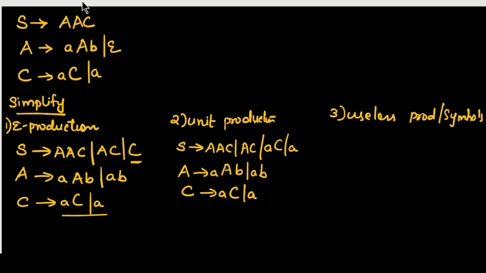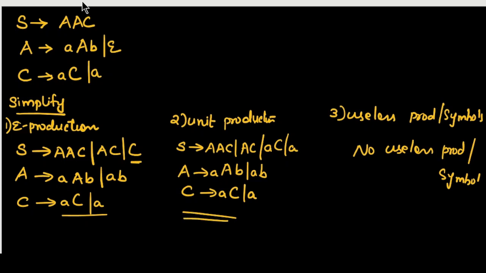S gives AC can also end up in a string. Okay, so all productions can end up in a string. So there is no useless symbol or useless production. Okay, so this is our simplified production.